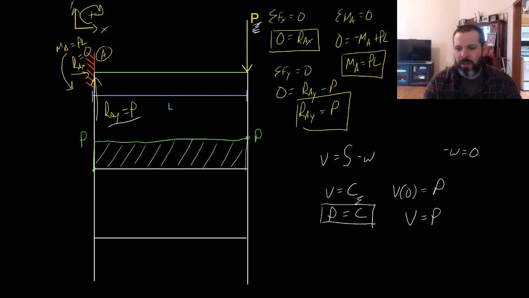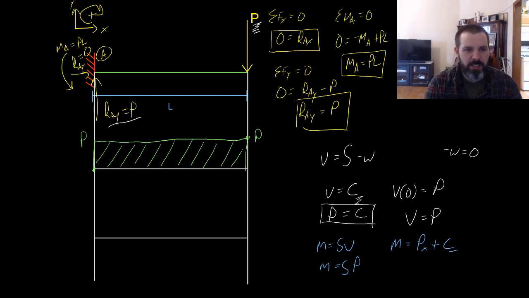If we go and say moment is the integral of shear, we know that moment is the integral of P. If we integrate P, we find that moment equals Px plus C, another constant. In this case, we know the moment at 0 has to be minus PL. So we can say M of 0 equals minus PL.